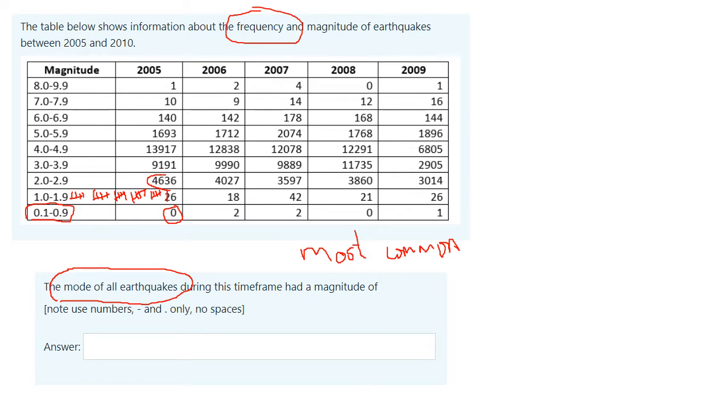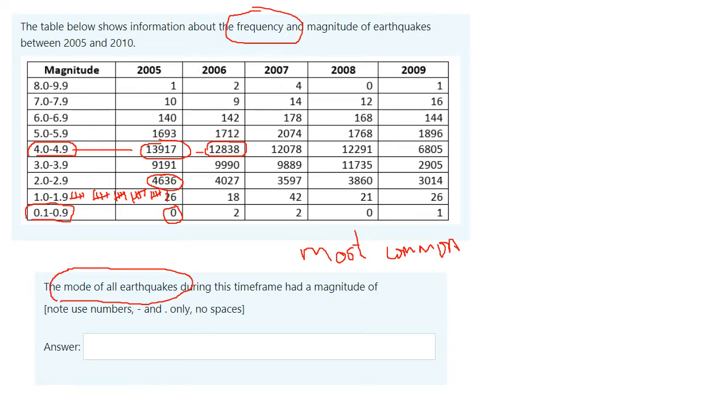There were 4,000 that had between 2 and 2.9. But the most common was 4 to 4.9 in 2005. There were 13,000 of them. In 2006, the highest number is 12,000. There were 12,000 earthquakes between 4 and 4.9.